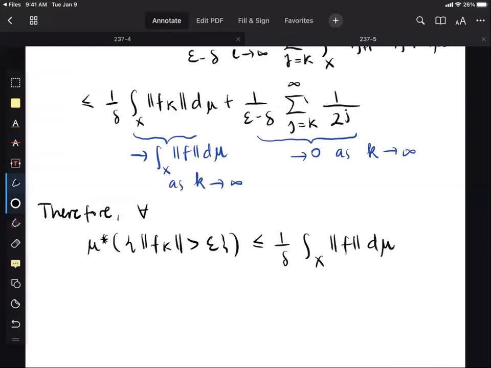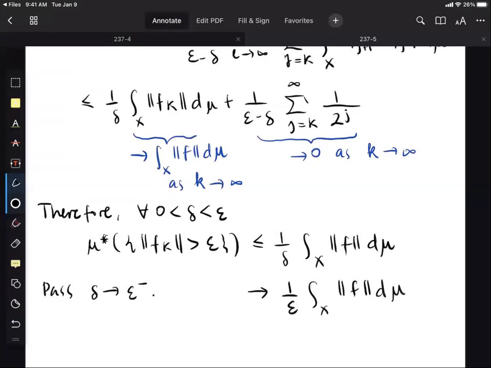And this is true for any delta positive and less than epsilon. Then we take delta going to epsilon from the left. This converges to 1 over epsilon times the integral over x of the norm of f. And this is the Chebyshev inequality.